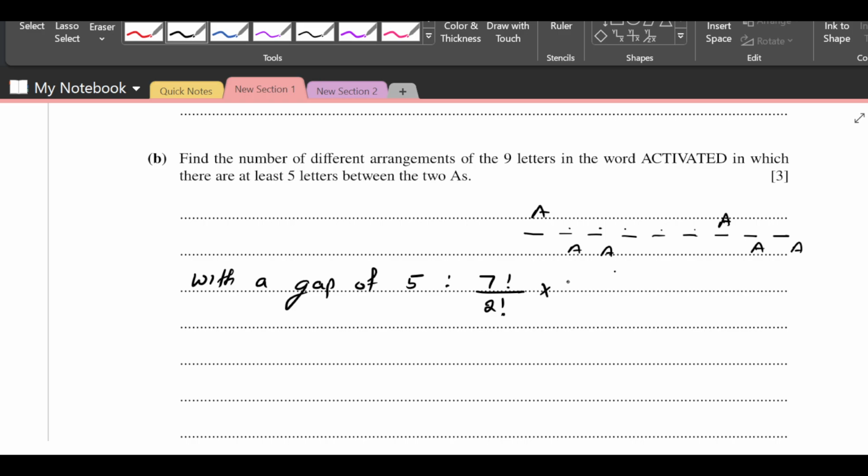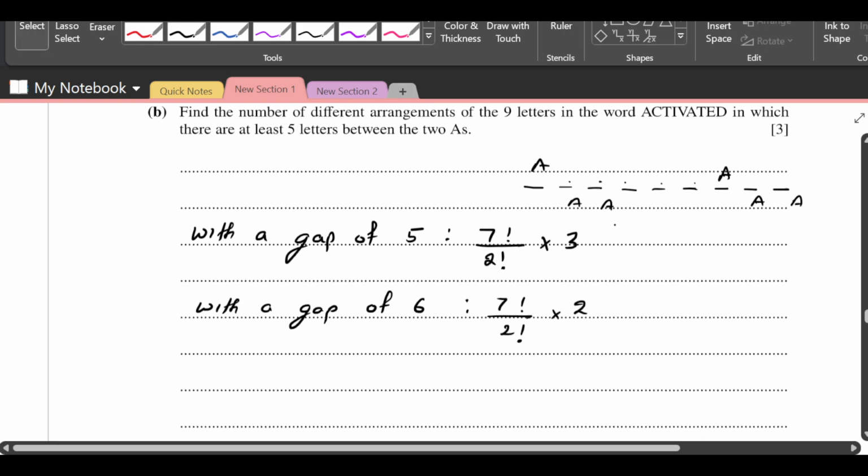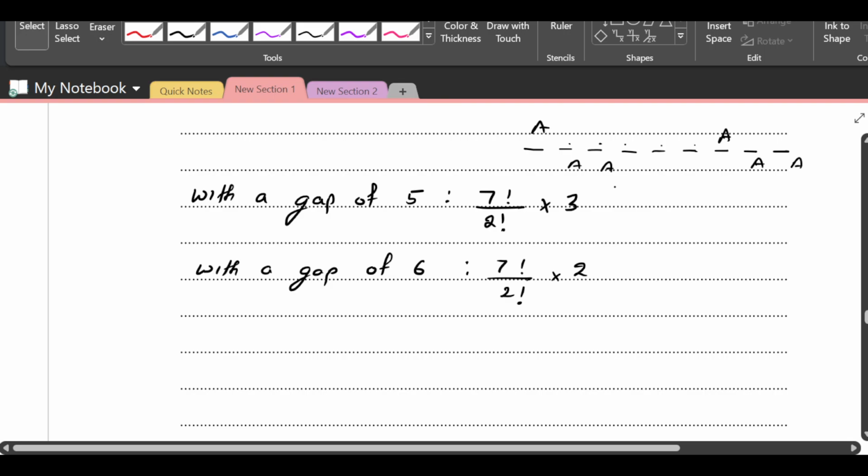Now this arrangement I see that 3 times I can do. So with a gap of 5, this is 7 factorial divided by 2 factorial times 3. Similarly, with a gap of 6, it will be 7 factorial divided by 2 factorial times 2, as two different arrangements I can have. And the last one, I have a gap of 7.